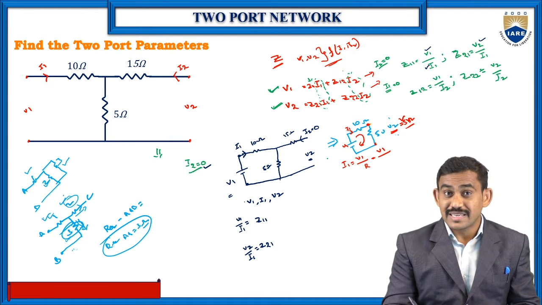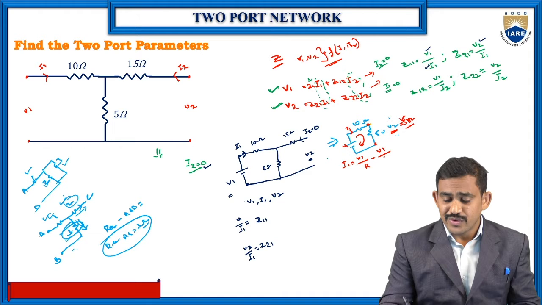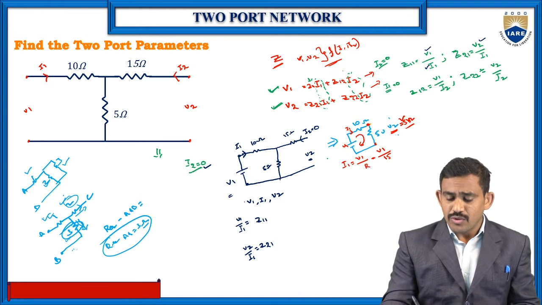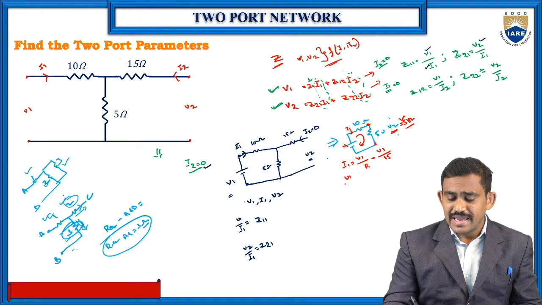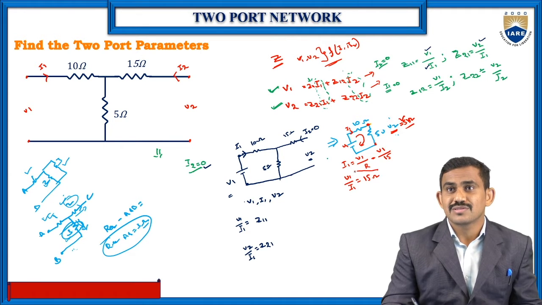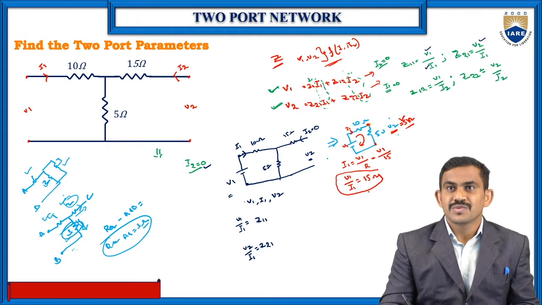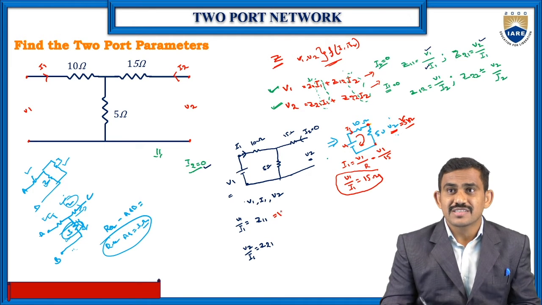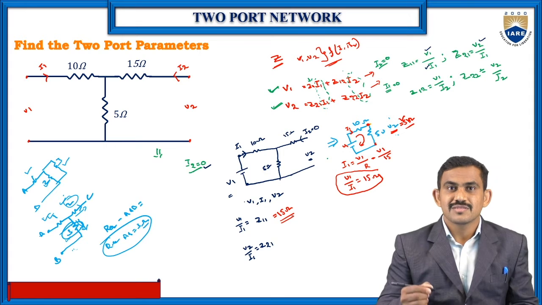Both resistors are in series, so 10 plus 5 is 15. So now V1 by I1 is equal to 15 ohms. From this circuit, V1 by I1, which is your Z11, is 15 ohms.